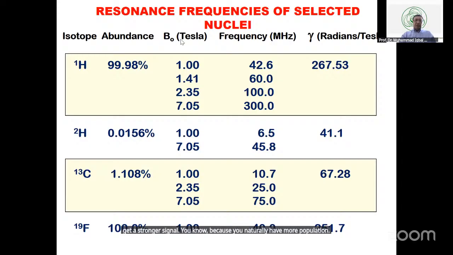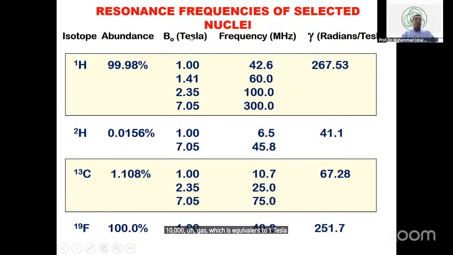Now, this is your NMR spectrometer. For instance, if you have an NMR spectrometer with a 1 Tesla magnetic field, okay, remember Tesla and Gauss are both units used for the measurement of magnetic field. So 10,000 Gauss is equivalent to 1 Tesla.